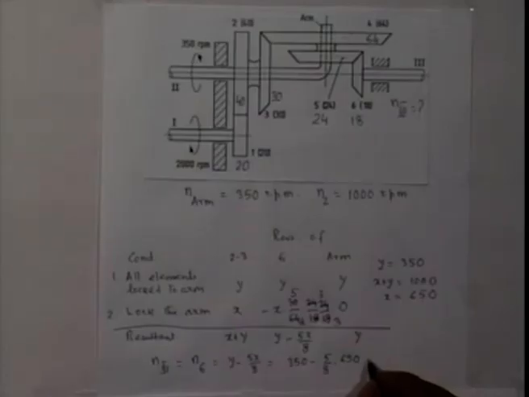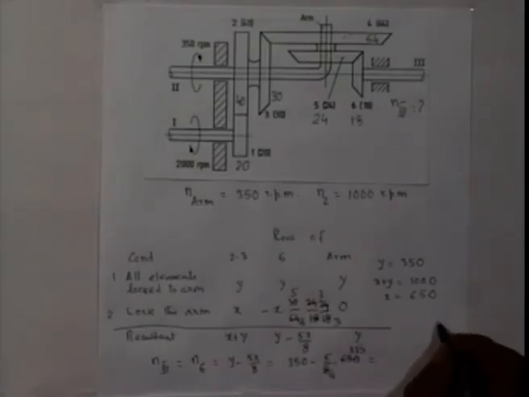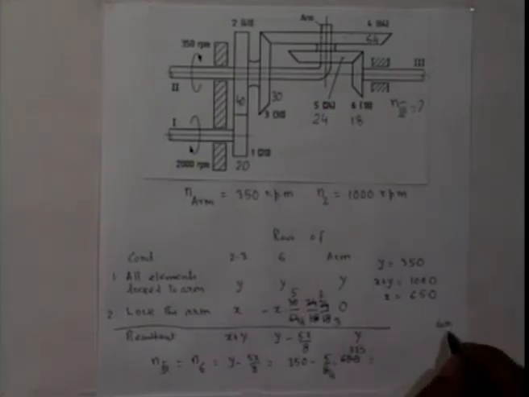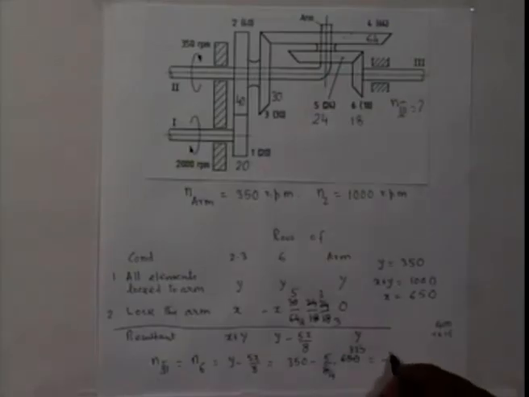If you calculate this, this is 325 into, this is 4. So 4 into 350 is 1400, and 5 into 325 is minus 625, so it is minus 225 by 4.